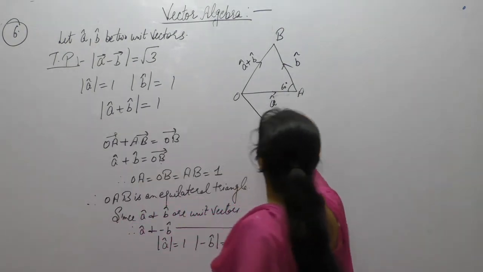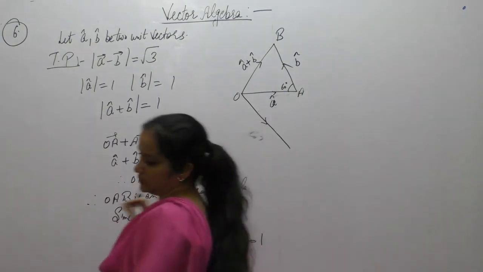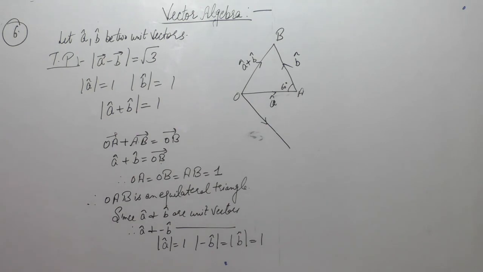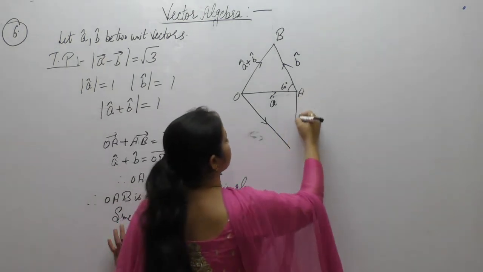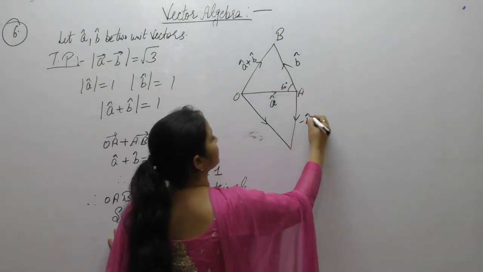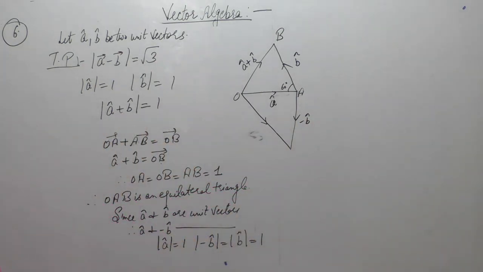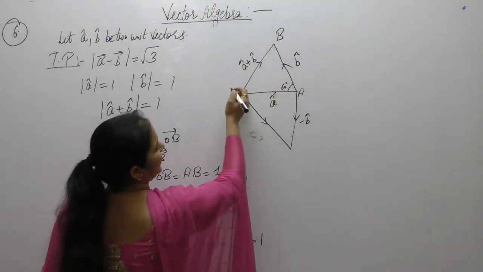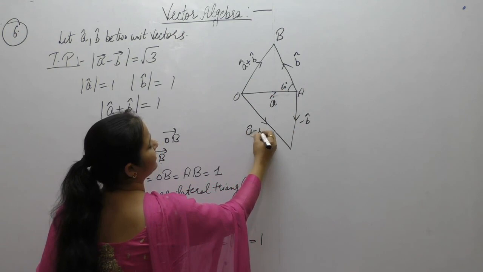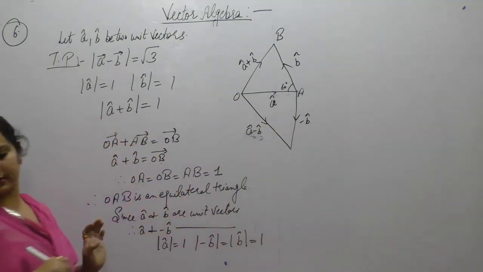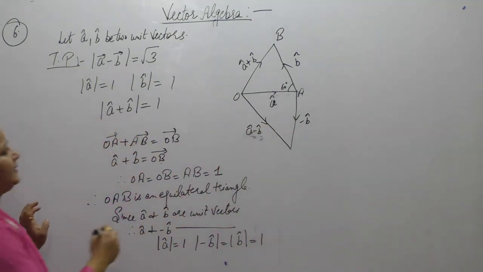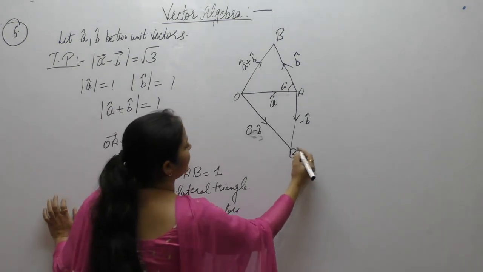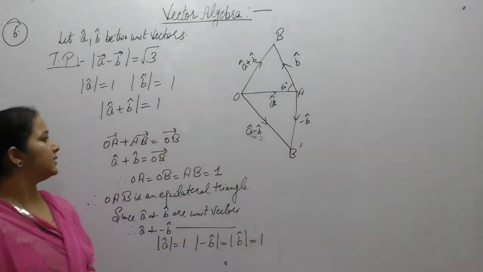So this is the negative of B vector, minus B cap. So this vector is A cap minus B cap. Let this be point B dash.